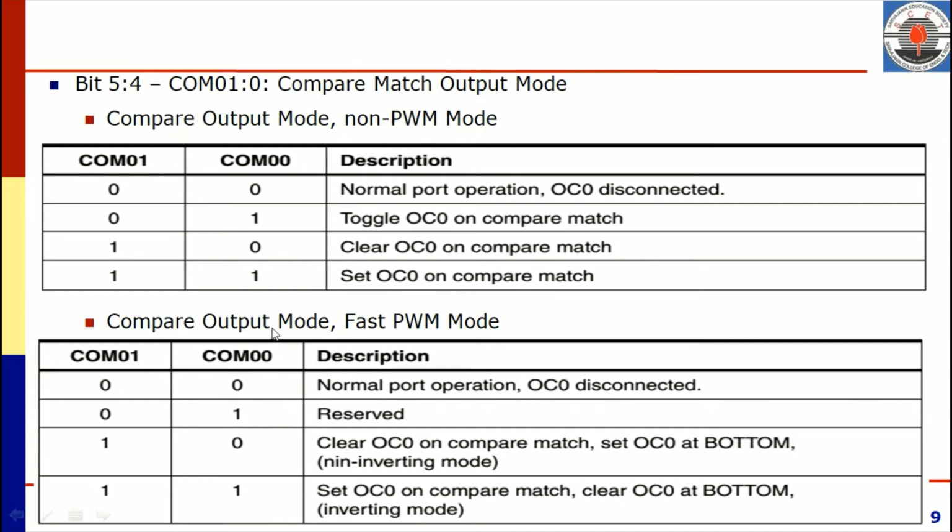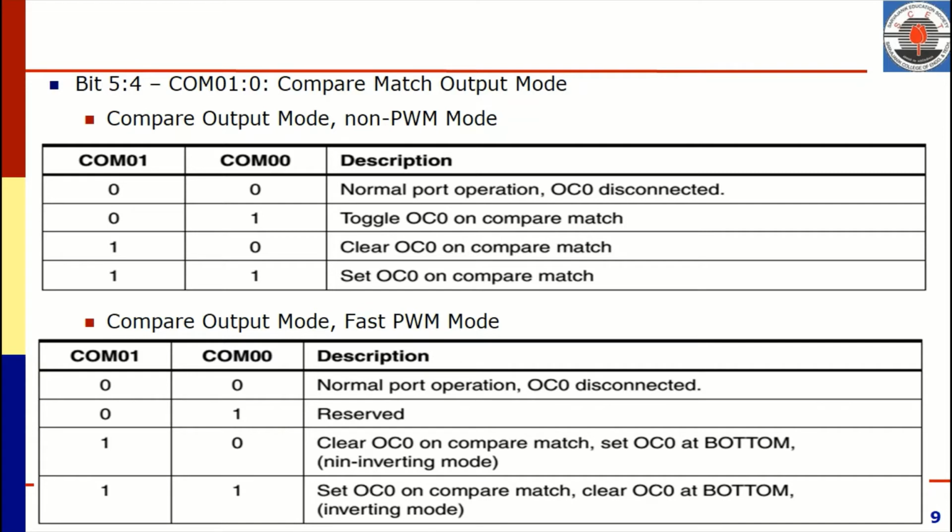Compare output modes will be different whenever waveform generation mode is either fast PWM mode or phase correct PWM mode. So in case of fast PWM mode, the 0-0 combination is normal port operation and OC0 pin will be disconnected. In case of 0-1, it is reserved.